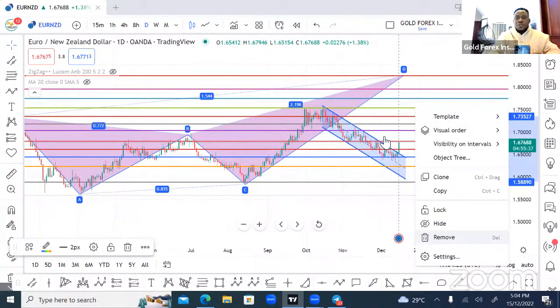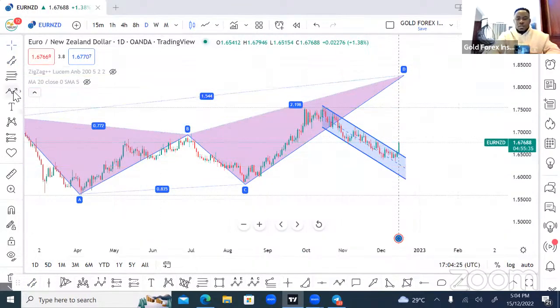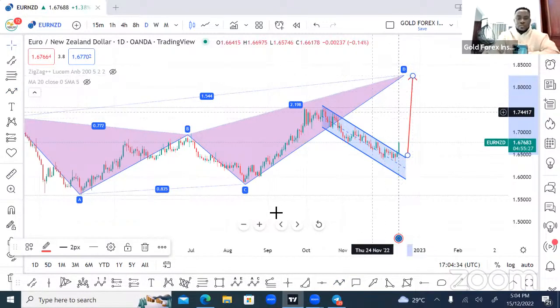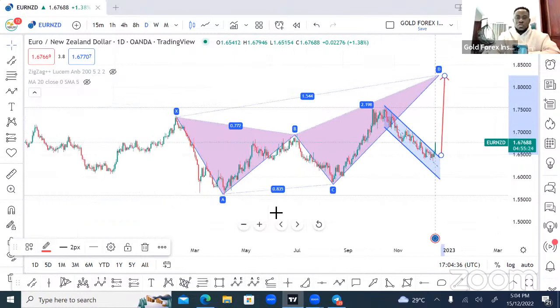On the daily time frame, that means we are expecting this move to head all the way to this level on the daily time frame. Now, what do we do? So this is an impulsive move.